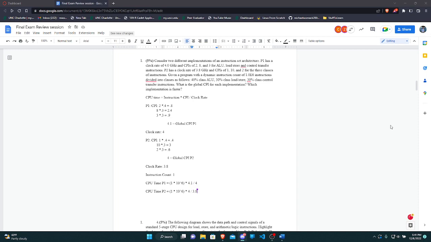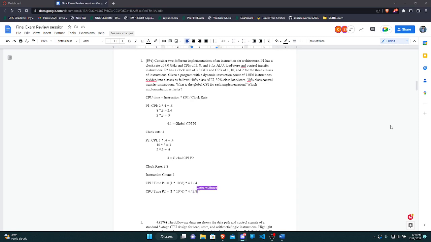Okay. So for P1, the instruction count is 1 times 10 to the 6 times the global CPI of implementation 1, which is 4.1, divided by the clock rate, which is 4. For P2, it is 1 times 10 to the 6 times the global CPI of implementation 2, which is 4, divided by the clock rate, which is 3.8.